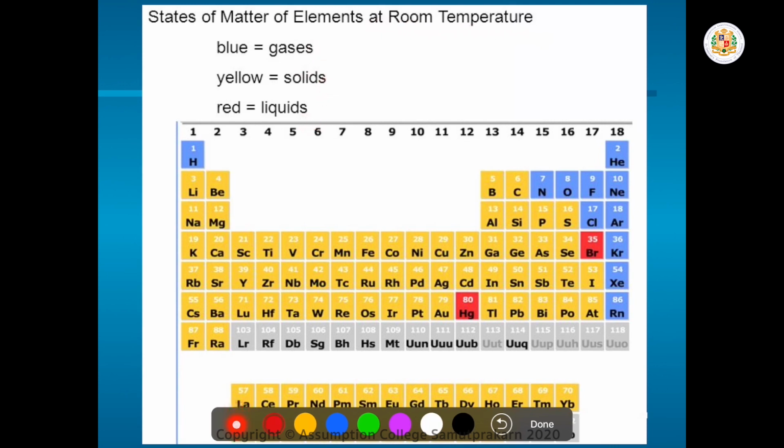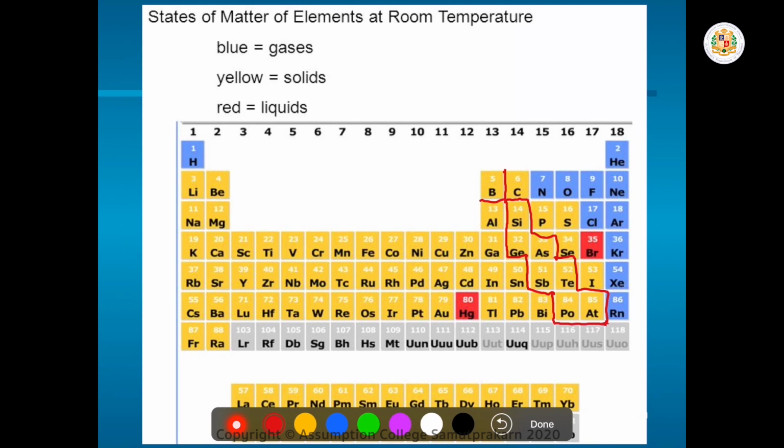So if we go back and draw the diagonal line we had before, which divides the elements into metals, non-metals, and metalloids, it will help us understand the properties of the elements easier.